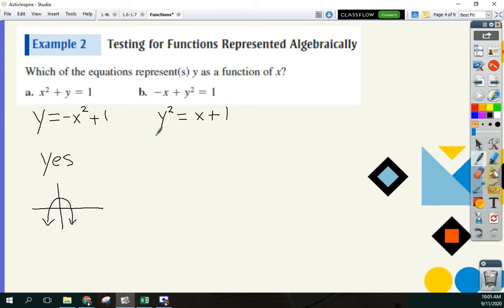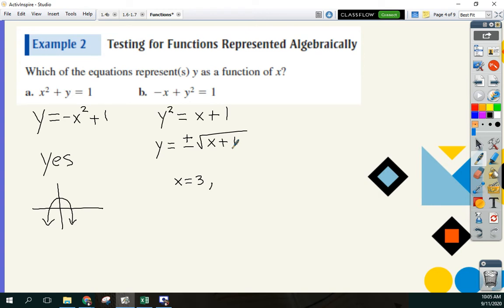And then notice we have a squared, so we need to take the square root of both sides in order to solve for y. However, remember that when we take the square root of an equation, we have to add a plus or minus in front. So notice that if I were to say plug in 3 for my x, I would do 3 plus 1 gives me 4.